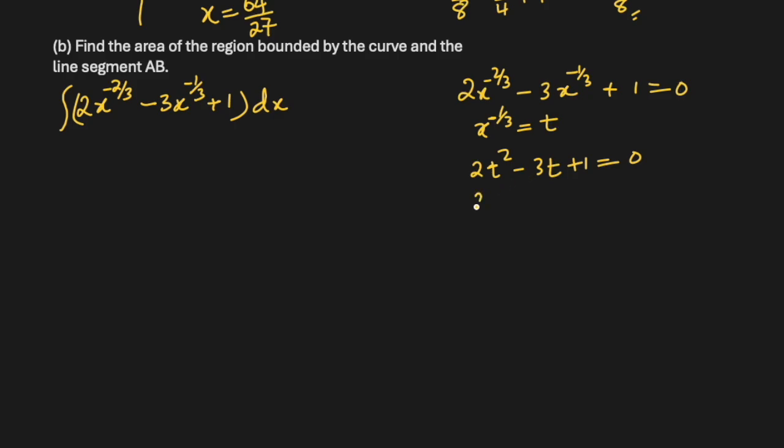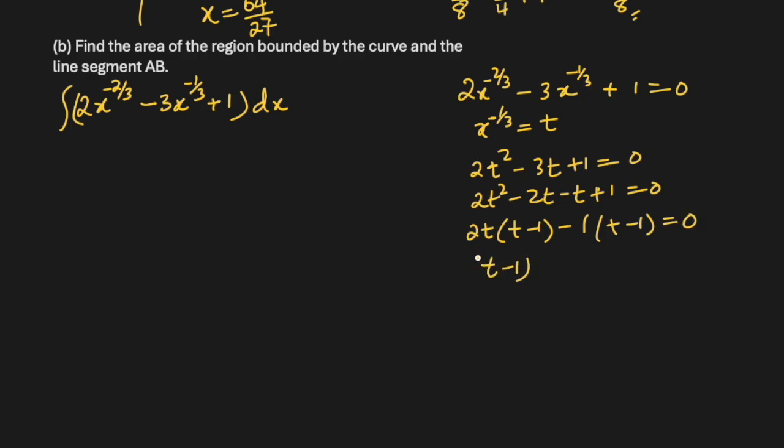Splitting the middle term: 2t square minus 2t minus t plus 1 equal to 0. So 2t(t minus 1) minus 1(t minus 1) equals 0. So t minus 1 and 2t minus 1 equal to 0. This gives us t equal to 1, and t equal to half.